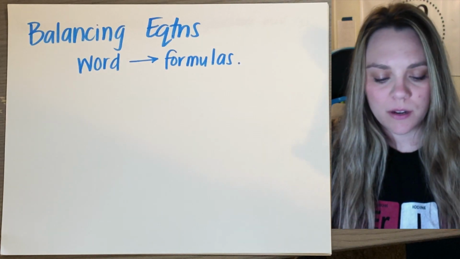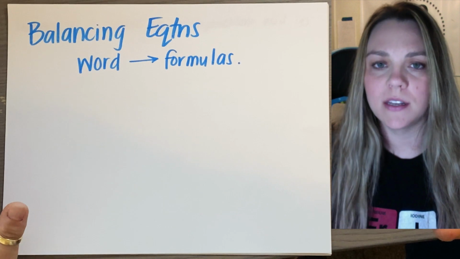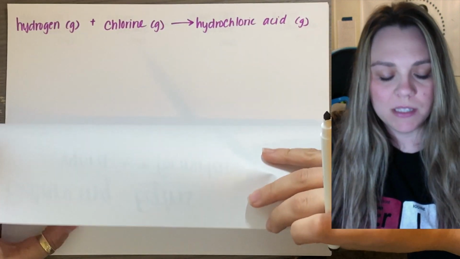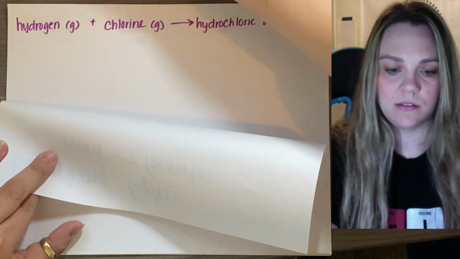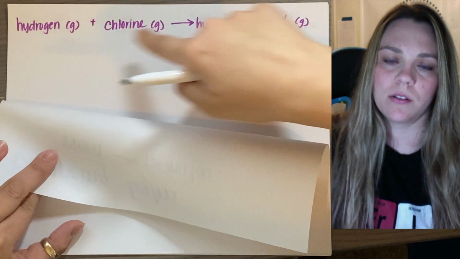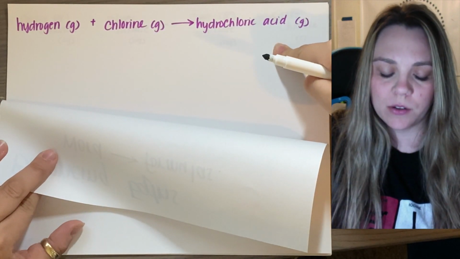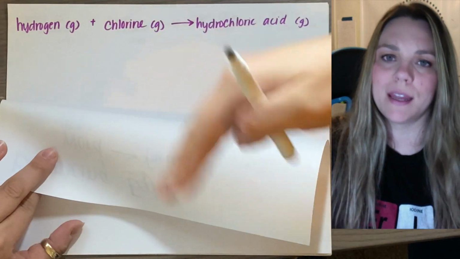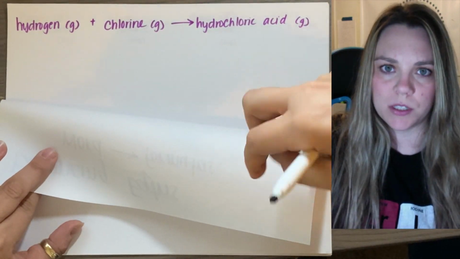Okay, so when you get to the next stage, what they're going to have is equations that look like this, right? So you have a word equation written out, and you're going to have to make a formula out of that word problem and then balance that chemical equation, okay?